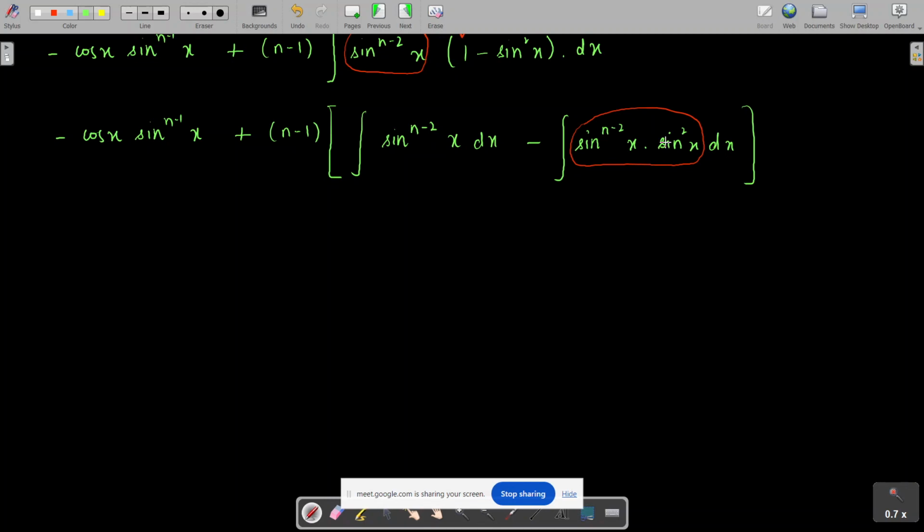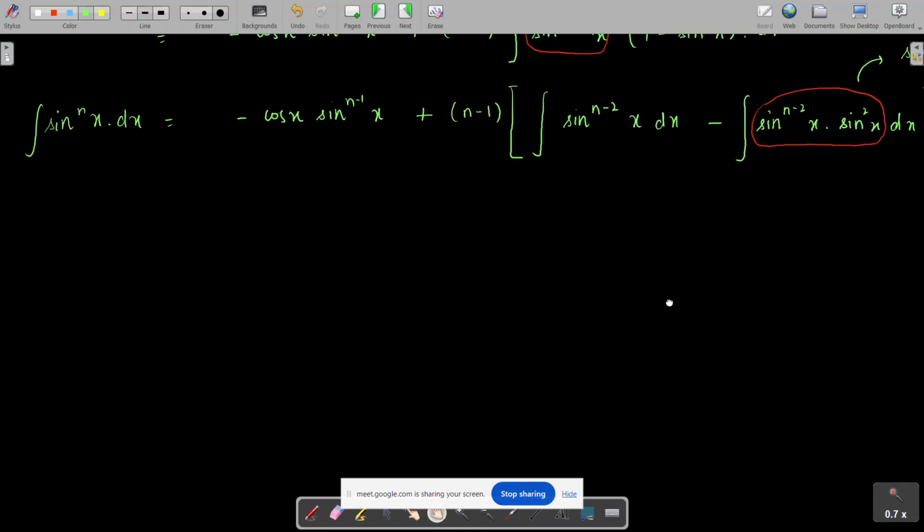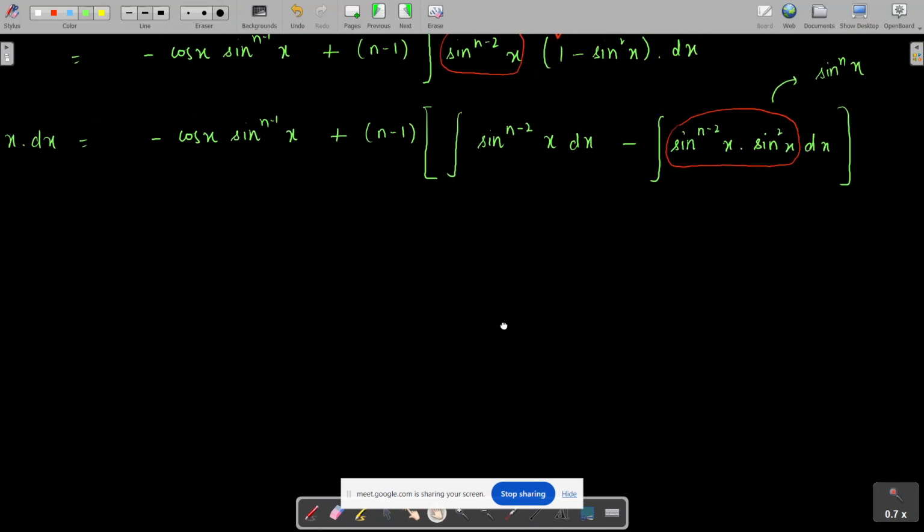Because if you do sine n minus 2 plus 2, it's just sine to the n. Yes, exactly. This will be just sine to the power n, because you add the powers when the bases are same and you're multiplying. You add the exponents. Exactly. So this is nothing but sine nx. That's it.